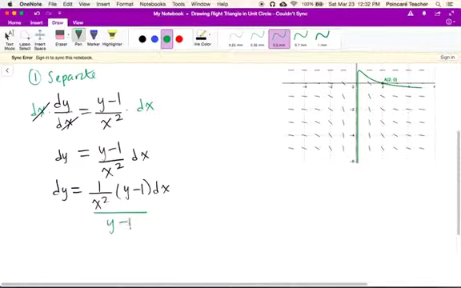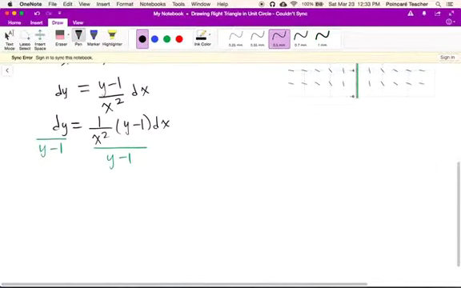So I have y minus 1, divide this side by y minus 1, and I'm going to throw a 1 here in the numerator. So what we have is 1 over y minus 1 dy equal to, these canceled, so we have 1 over x squared dx.